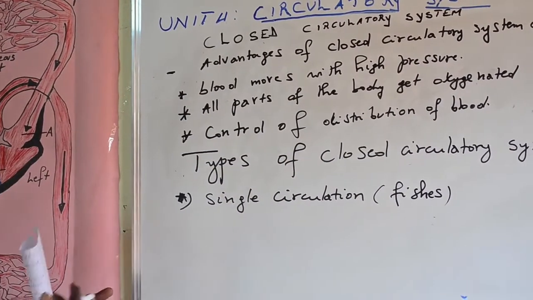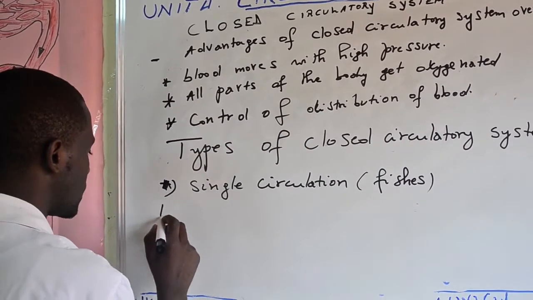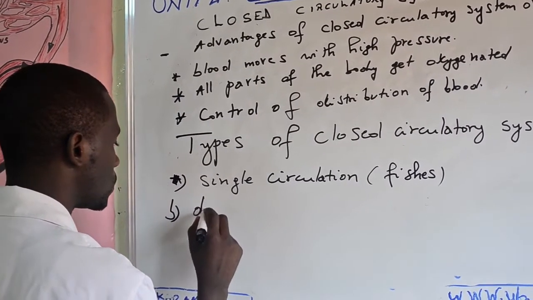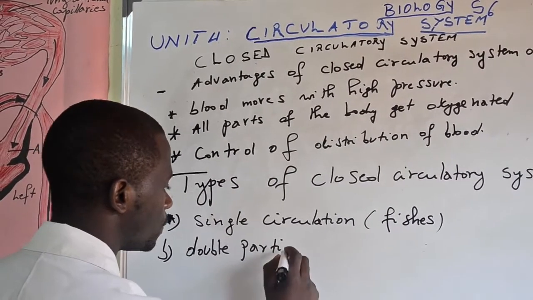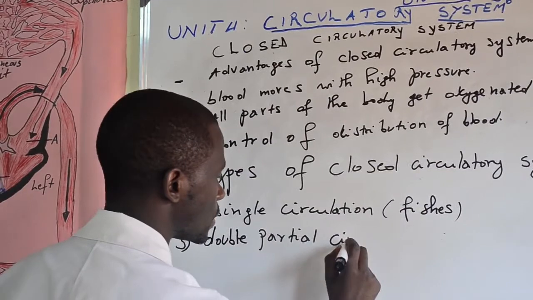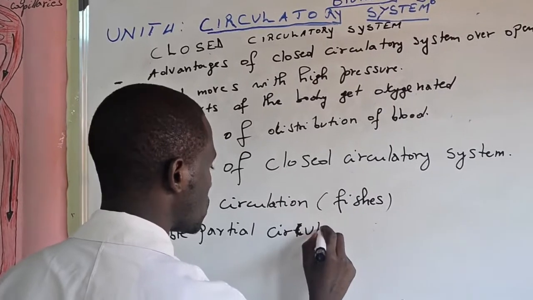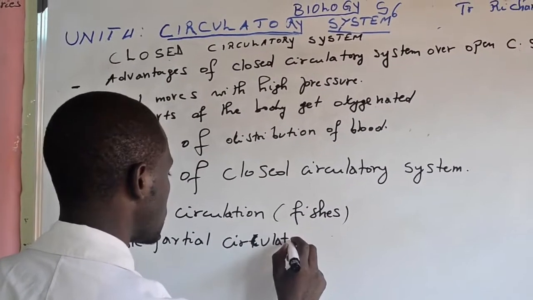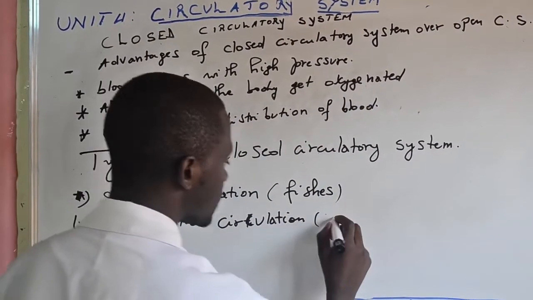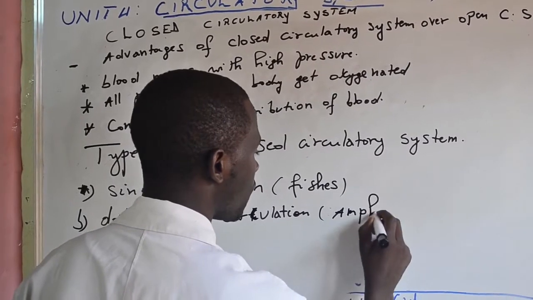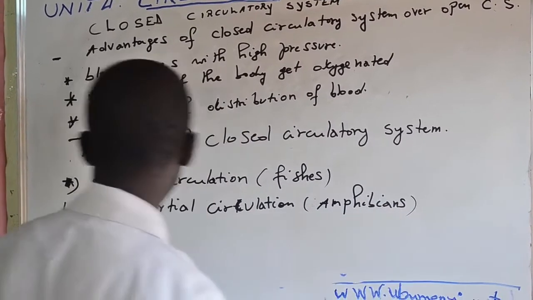We have a double partial circulatory system, mainly found in amphibians and some reptiles.